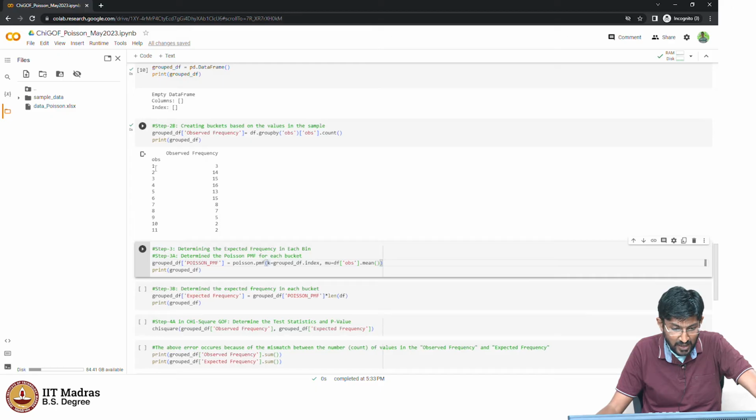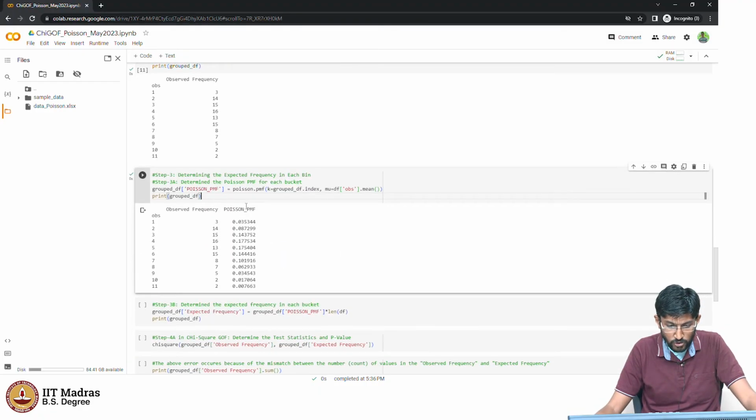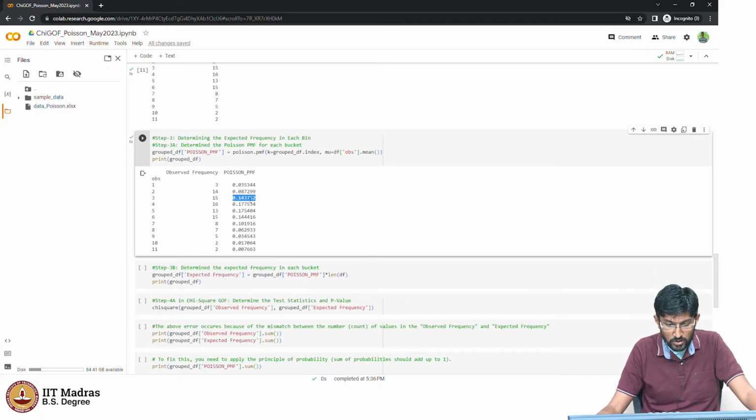I am going to take the k value from the observed frequency index and the mu value, which is the mean value of 4.9, and add that to my data frame. So the probability of observing 1 is 0.03, probability of observing 2 is 0.09, probability of observing 3 is 0.14, and so on, correct?